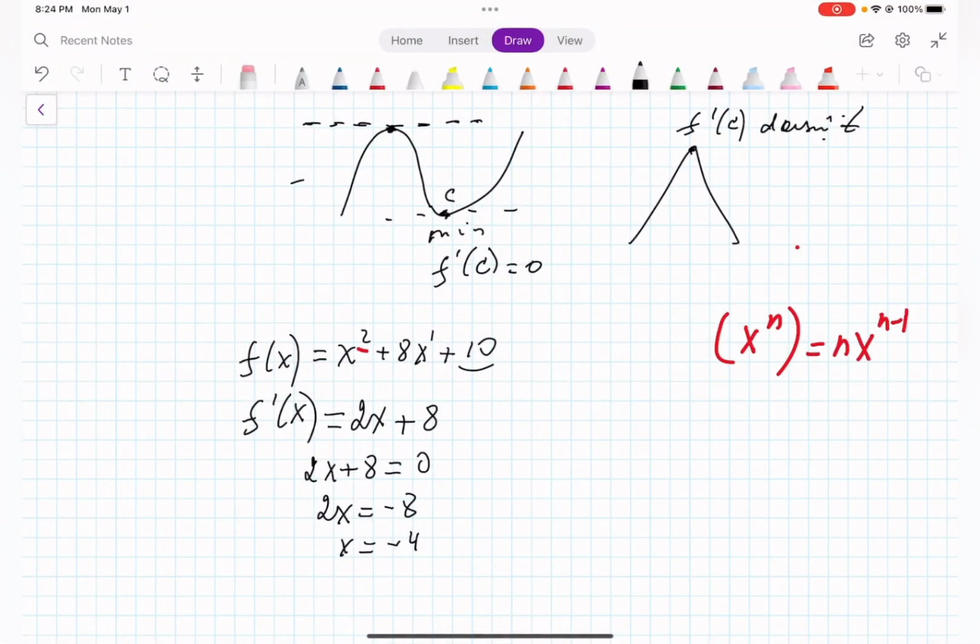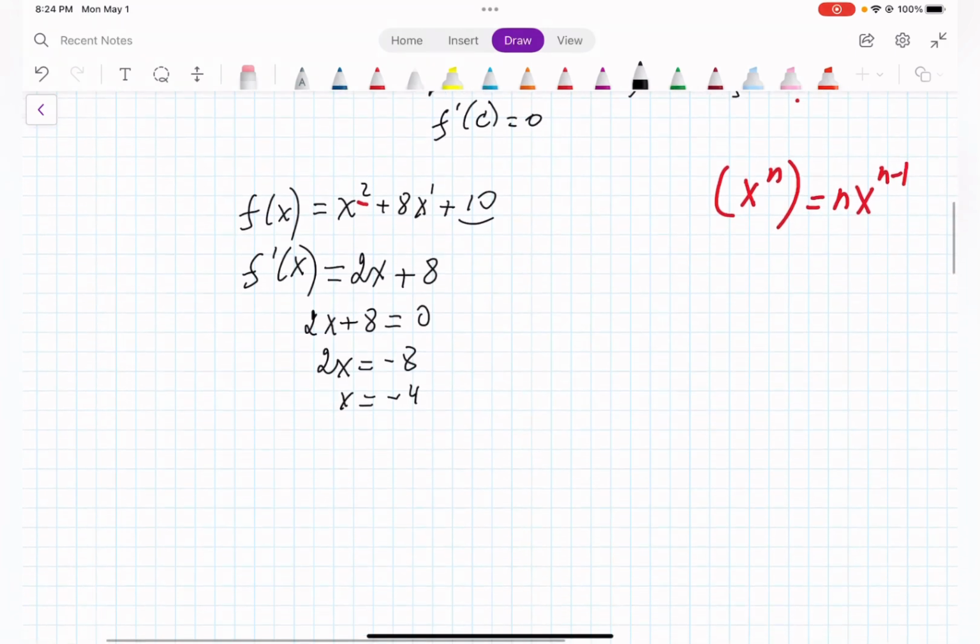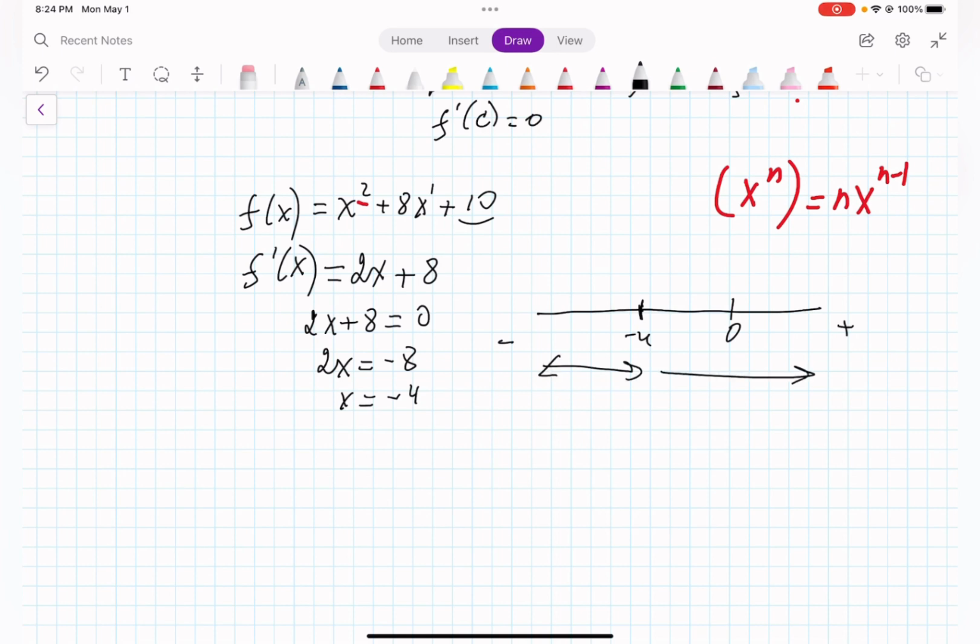So what do we have to do? First of all, we are going to mark down our critical value. It's negative 4. Let's assume this is negative 4, which means, for example, 0 is here, plus is here, and minus is here, right? So this negative 4 is breaking the line down into two pieces. This piece and this piece.